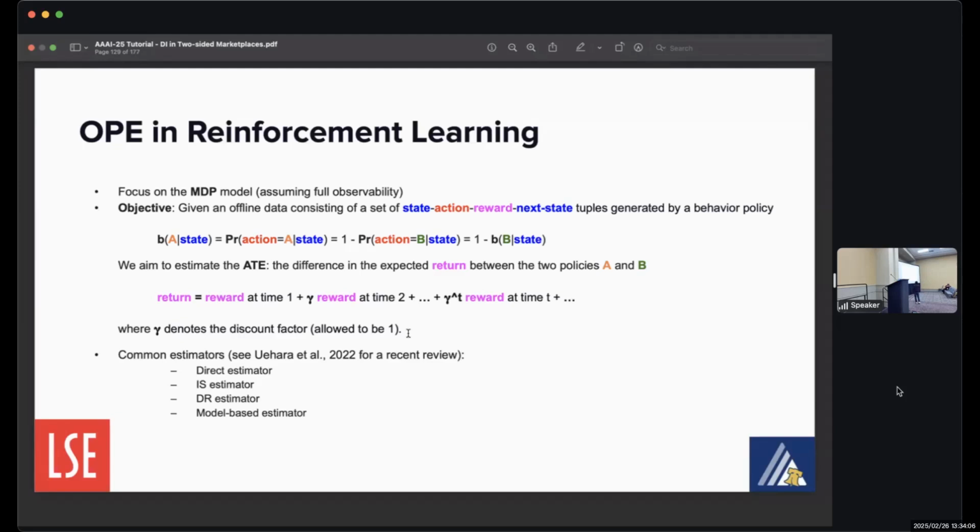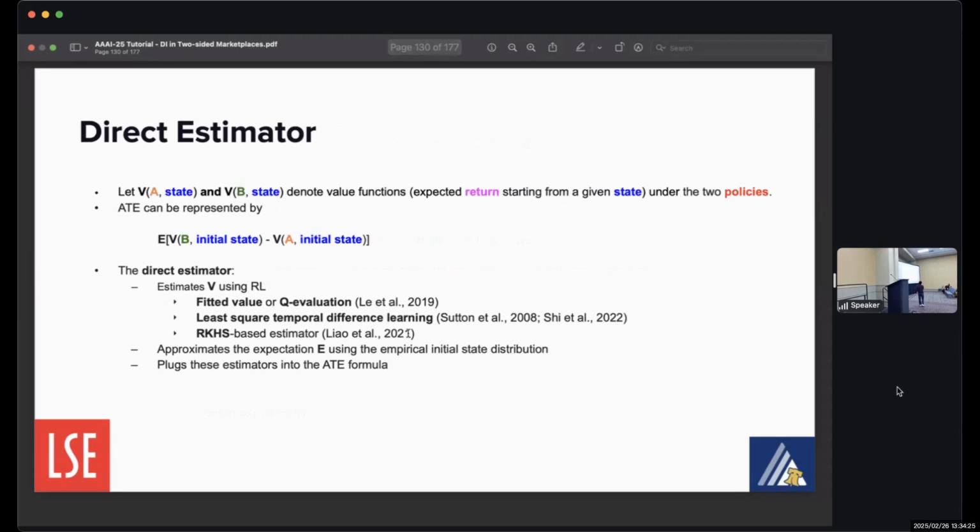And very similarly, you have a direct estimator, you have the importance sampling estimator, and you have the double robust estimator. Those are versions of these estimators developed under the reinforcement learning setting. And finally, I will also briefly introduce the model-based estimator. So let's first look at the direct estimator. It is very similar to the direct estimator introduced in the contextual bandits setting.